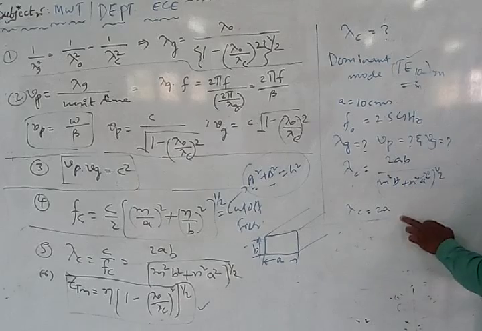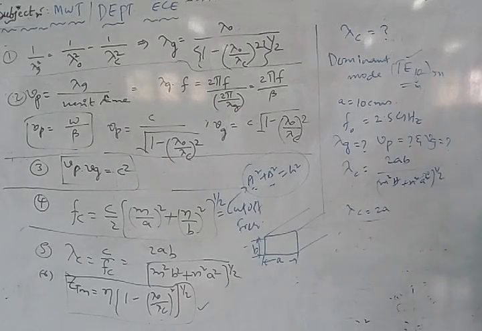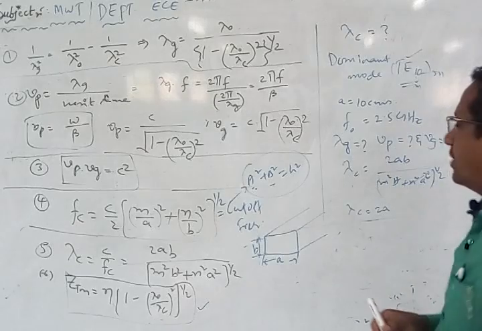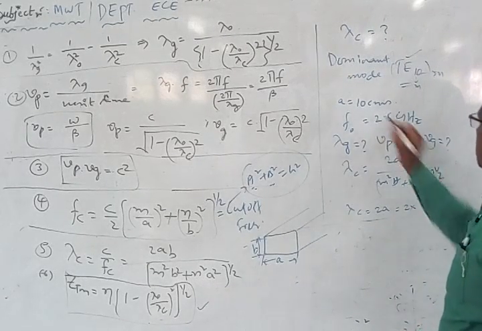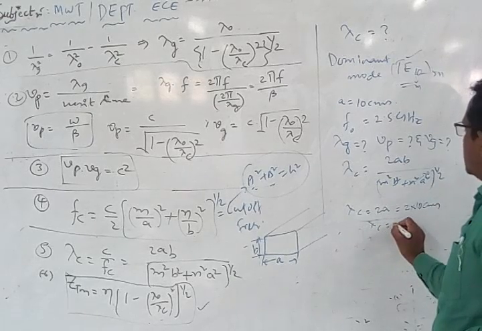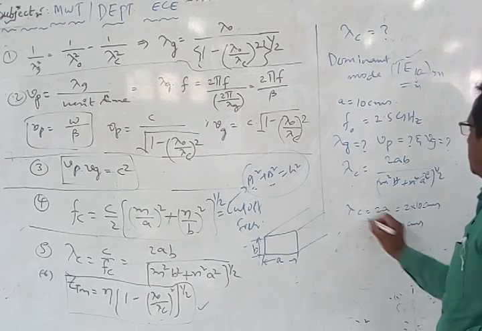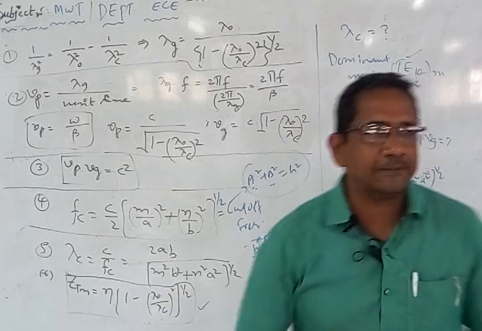The root will cancel, I get b, and the b in the numerator and denominator cancel. So finally I get lambda c equal to 2 into a. What is a given? a is 10 centimeters. So lambda c is equal to 20 centimeters.